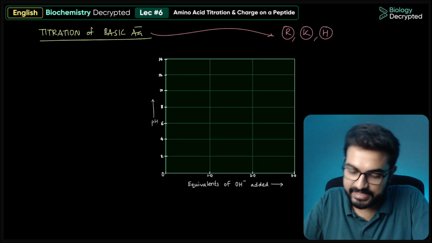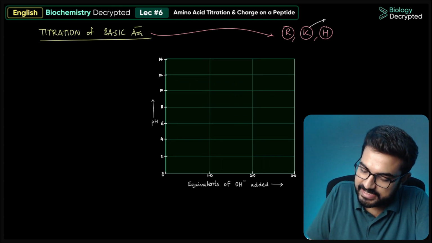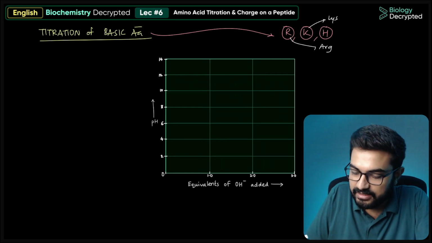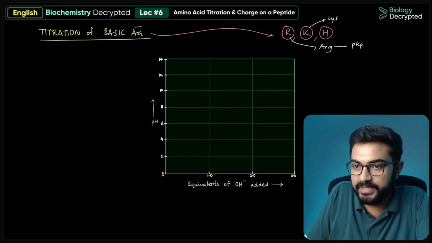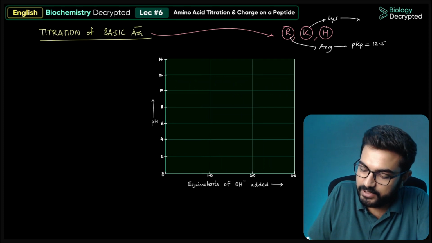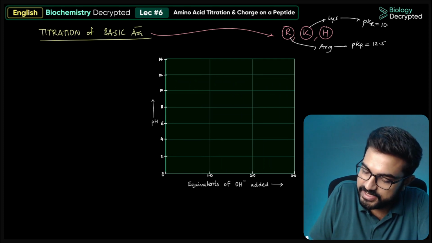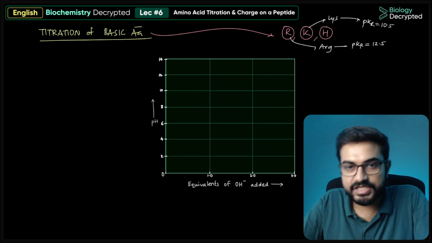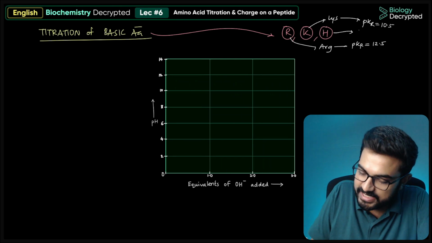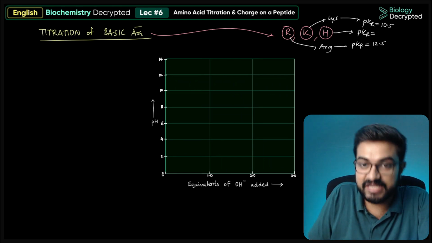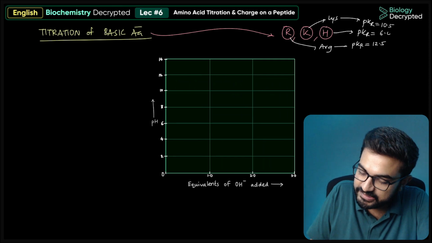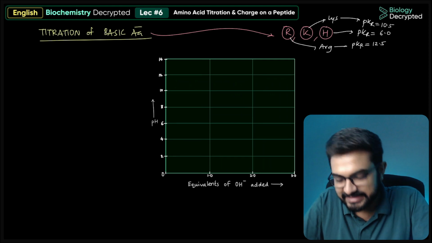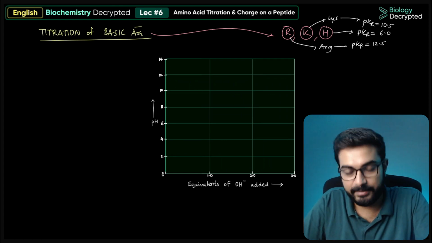For arginine, the pKr value is 12.5, and for lysine, the pKr value is 10.5. For histidine, the pKr is very low, even lower than the pK2, at 6.0. We'll look at all the pKrs once, but let's just write it for these three amino acids.